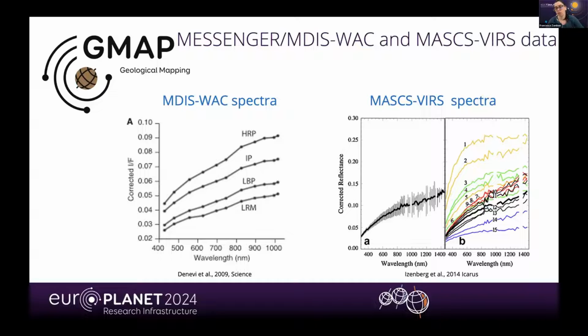Then on the right, you see a typical spectrum of the visible and infrared spectrometer. You see in the A panel the average spectrum of Mercury, and then in the B panel some other spectra of other regions. We will see better later in detail.